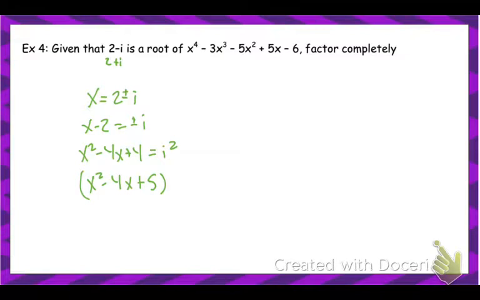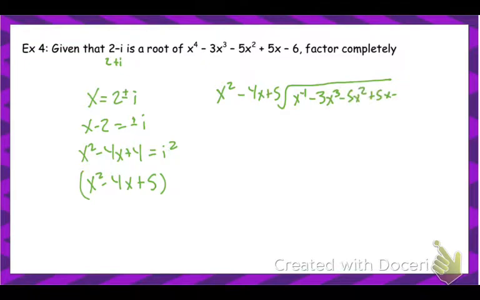Well, in order to find the other factors, what I can do is just long division. So I'm going to do x squared minus 4x plus 5 and divide that into this polynomial. If I divide that into that polynomial, that would give me x squared, then I would subtract, which means I'm going to change my signs.